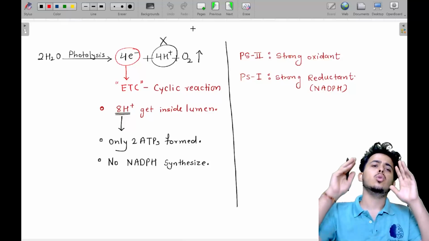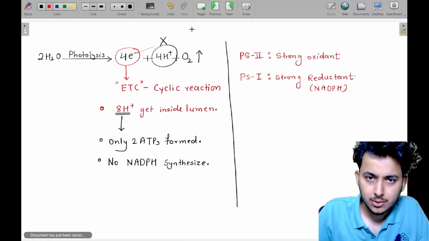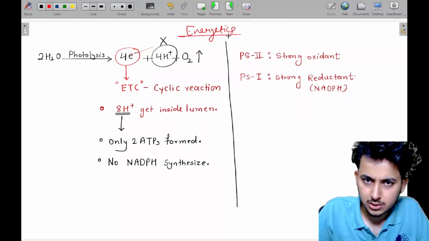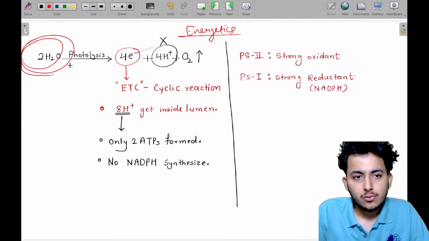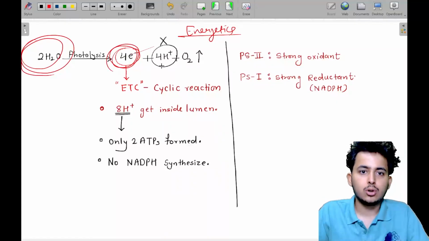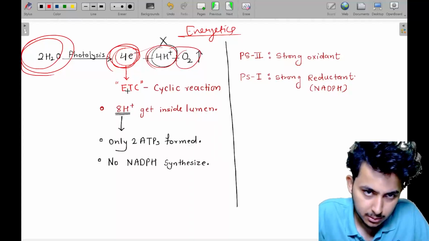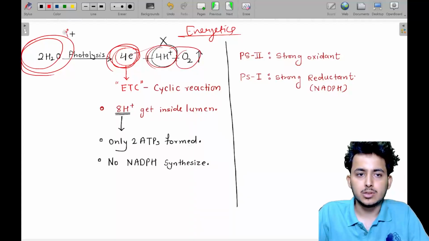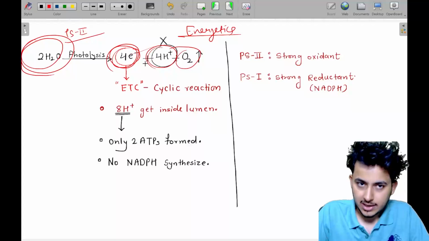Now let's look at the energetics. Let's look at the calculations. For the photolysis of water, 4 electrons, 4 protons, oxygen is being produced in PS2, right, when PS2 was active.